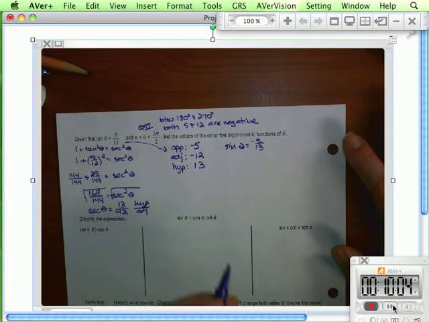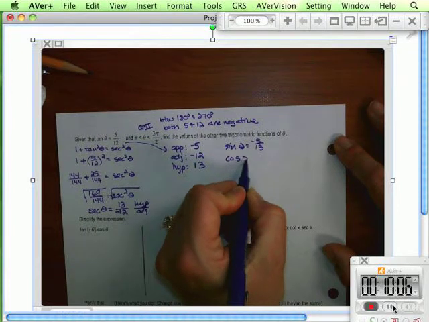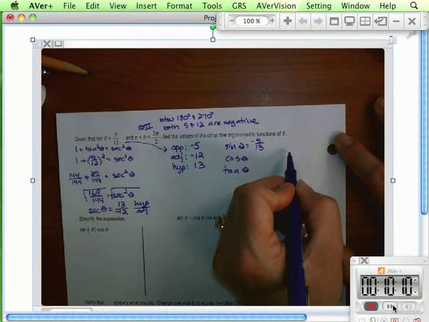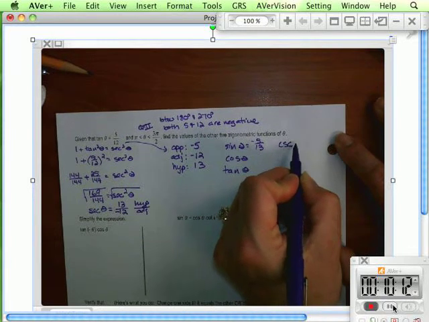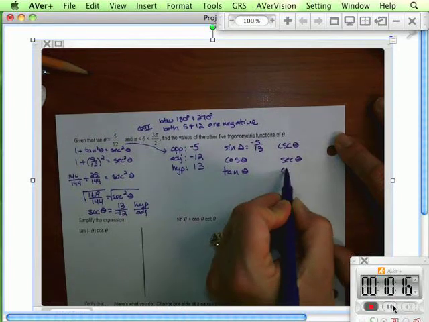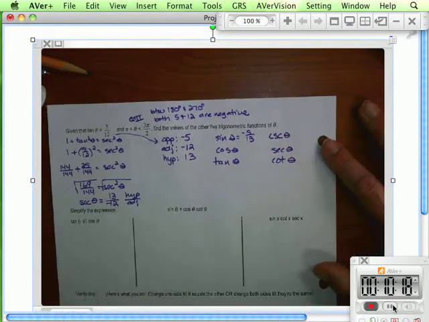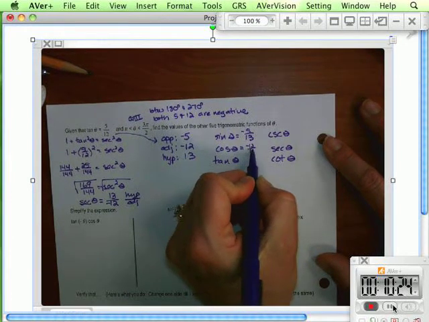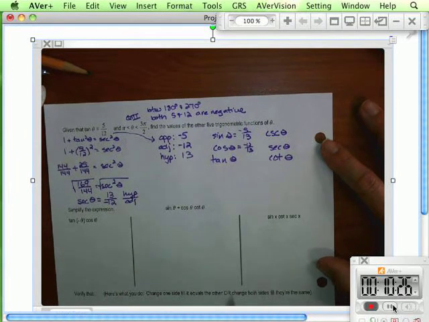All right, cosine of theta, tangent of theta, we already got that. What goes with sine? Cosecant of theta, secant of theta, and cotangent of theta. So cosine is adjacent over hypotenuse, which is negative 12 over 13. Tangent, they already gave us that, it's 5 over 12.